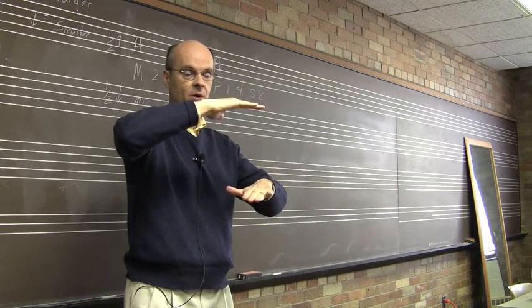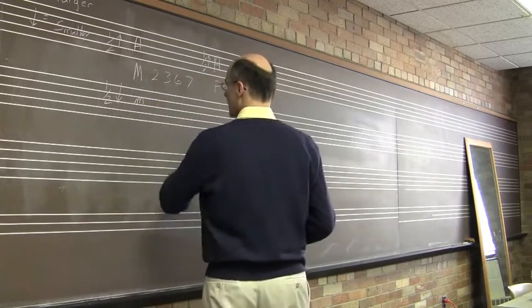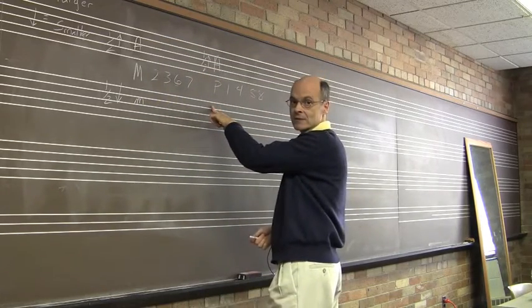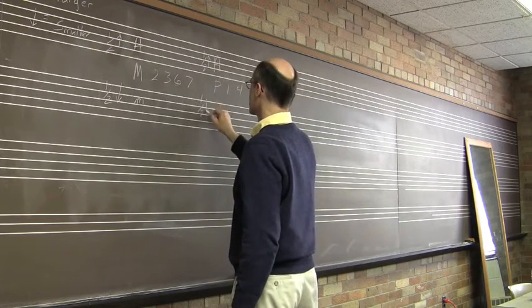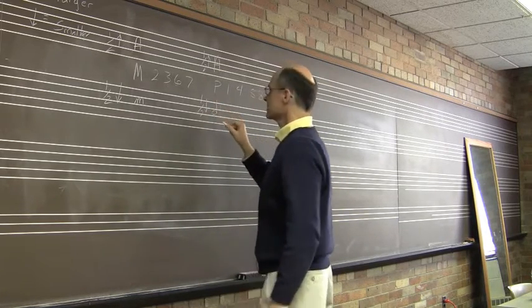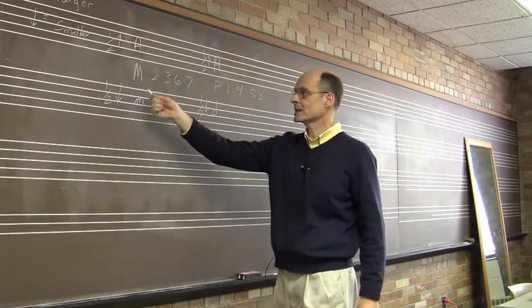That would make it a half step smaller. And that would become a minor interval. A perfect interval, a half step smaller, 1, 4, 5, or 8, becomes diminished. So this is the difference. That's why you have to really keep track of this.